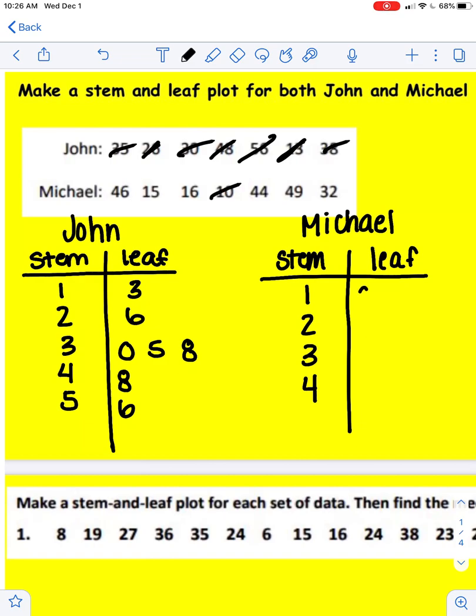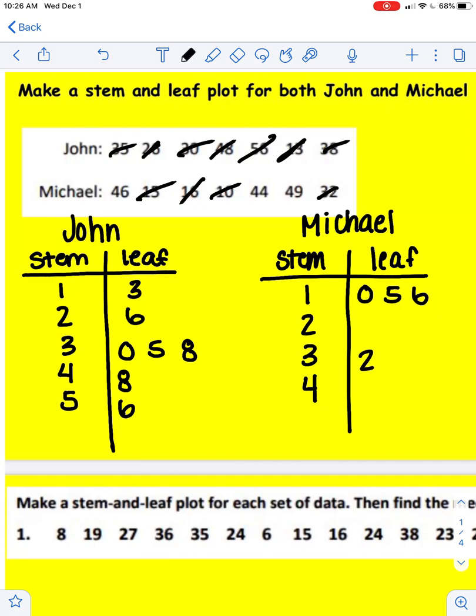So I'm going to go ahead and put a 0 for 10, a 5 for 15, and a 6 for 16, because it is important. You want to put these in numerical order when you're doing them. I don't have any 20s, so I'm just going to leave everything blank next to the 2.